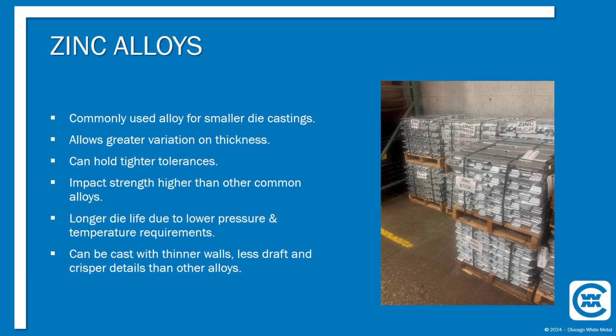Again, die life is even better than magnesium for zinc. A million shots or more is not uncommon for a zinc tool. And it can be cast with thinner walls and less draft. So a little more design flexibility with zinc than we have with aluminum or magnesium. So very good alloy. Unfortunately, in a lot of applications, as I mentioned, the extra weight is not an advantage. But if you can, zinc is a great alloy to look at.